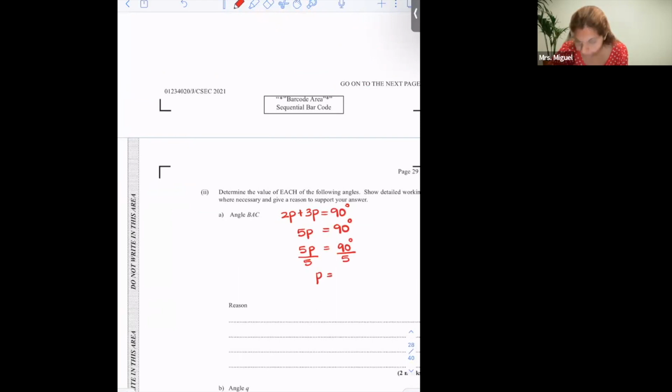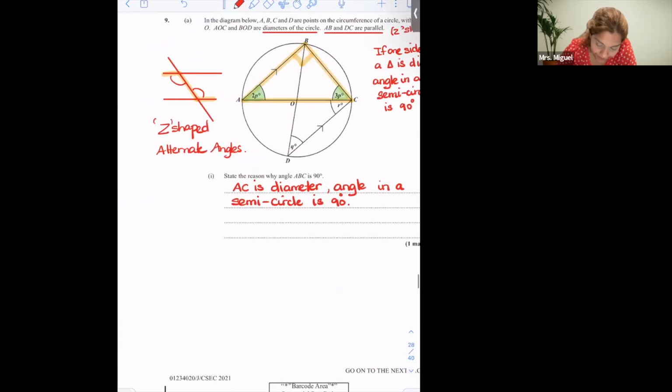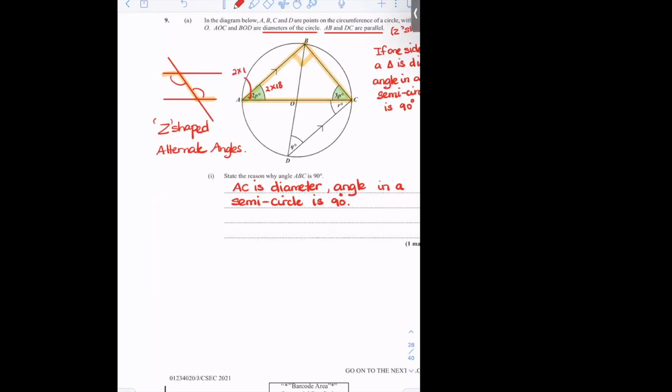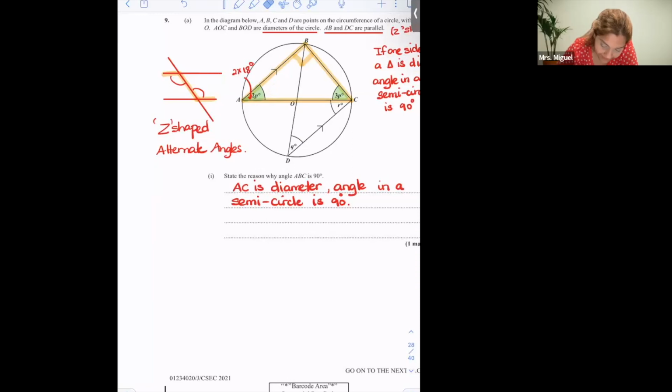P is equal to 18, miss. But here we have 2P. So 2 times 18 is 36. Who could confirm the answer is 36? Yes, miss. 36.